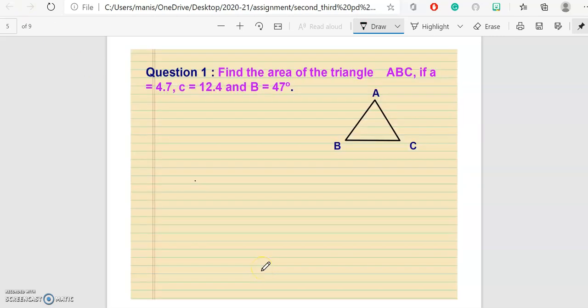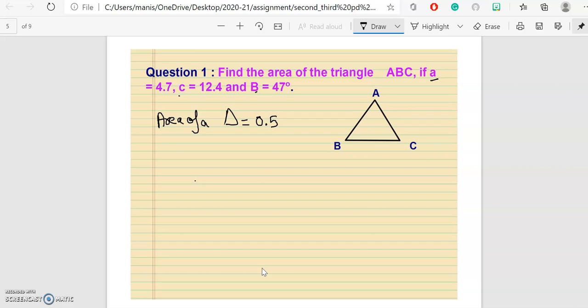Find the area of triangle ABC if lowercase a is 4.7, lowercase c is 12.4 and uppercase B is 47 degrees. So my formula will be the area of a triangle. Remember, all the formulas have 0.5. How can you memorize this?